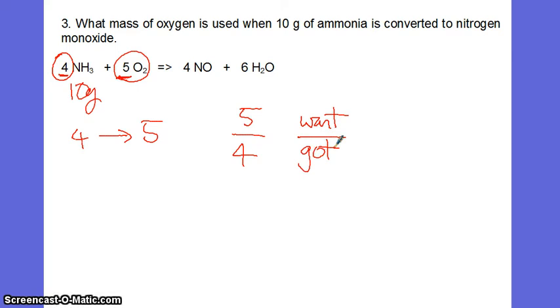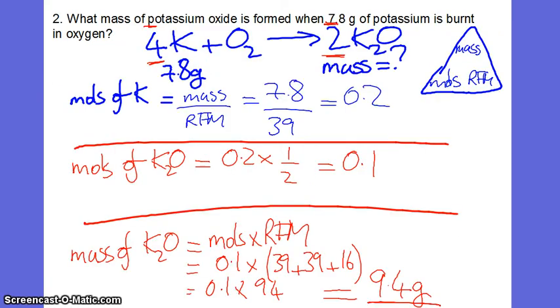In actual fact, without realising it, that's what you've done in the previous 2 questions. Let's go back. Here we timesed it by a half. Where did that half come from? If we said it was times by want over got, here what you wanted was 2, and what you got was 4, so 2 over 4, which is the same as a half.